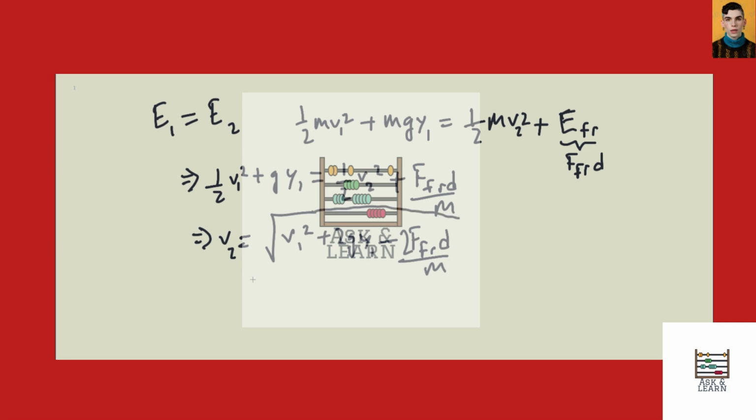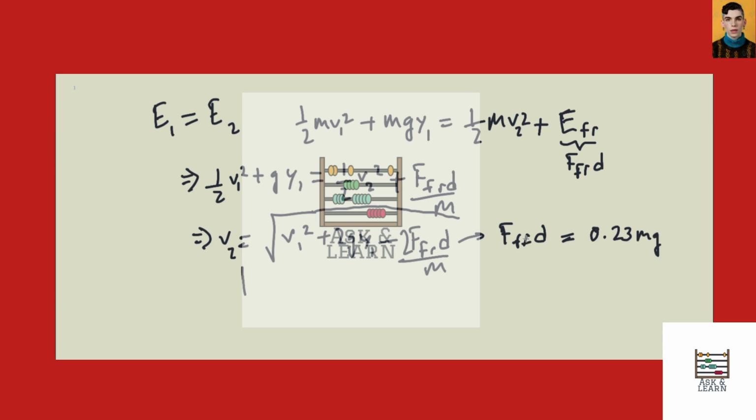Okay? And so now we can, and also remember that force of friction times d, the force of friction, is actually 0.23 times the weight. So that's 0.23 times mass.